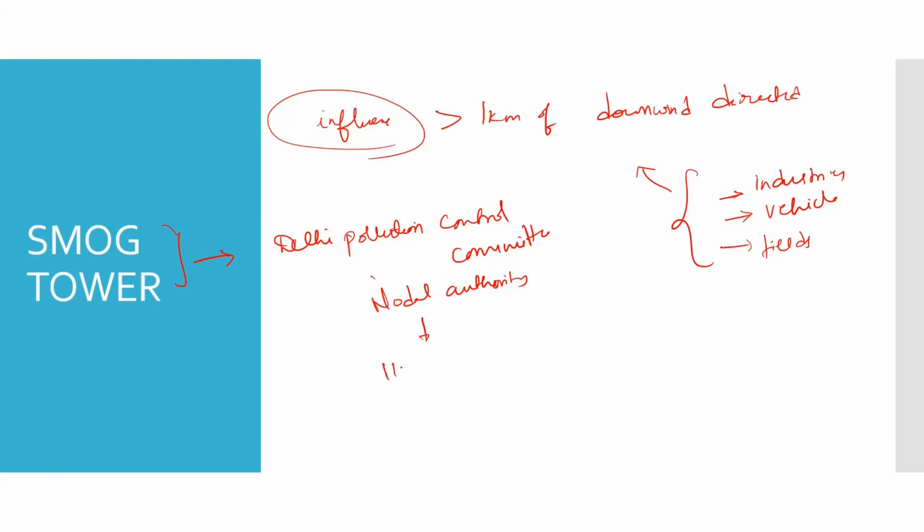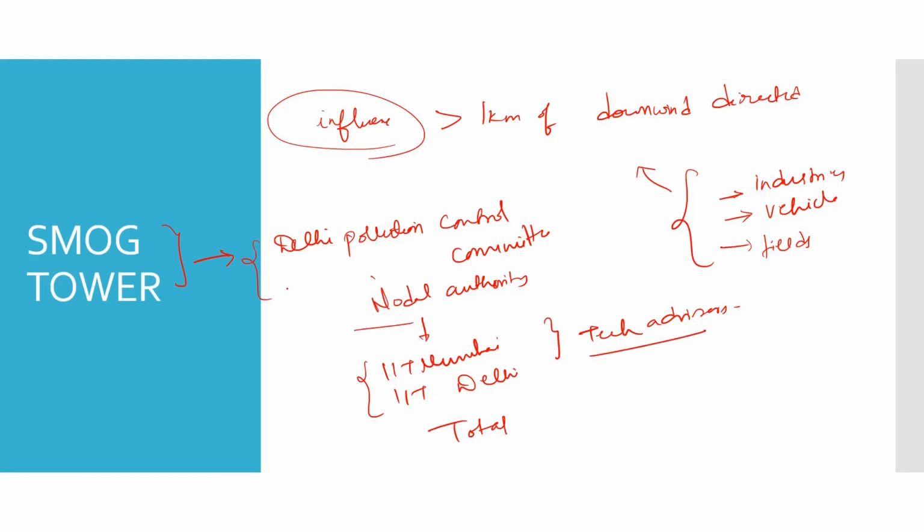And IIT Mumbai and IIT Delhi, these two institutions will work as the technical advisors. Now, who is going to execute the project? Tata. Tata will execute the total project, IIT Mumbai and IIT Delhi will act as the technical advisors, and the nodal authority is the Delhi Pollution Control Committee. Okay, thank you.